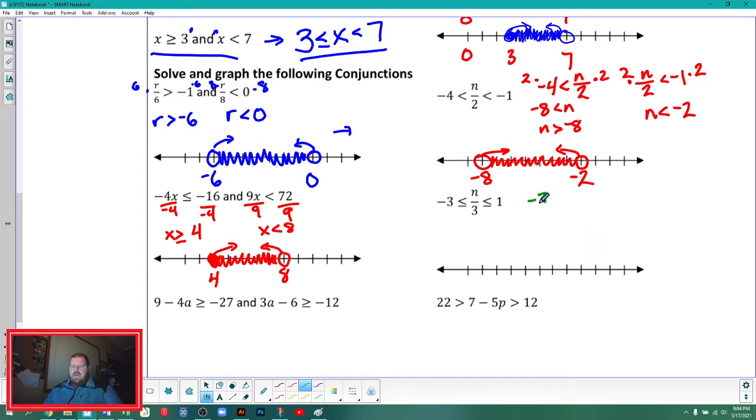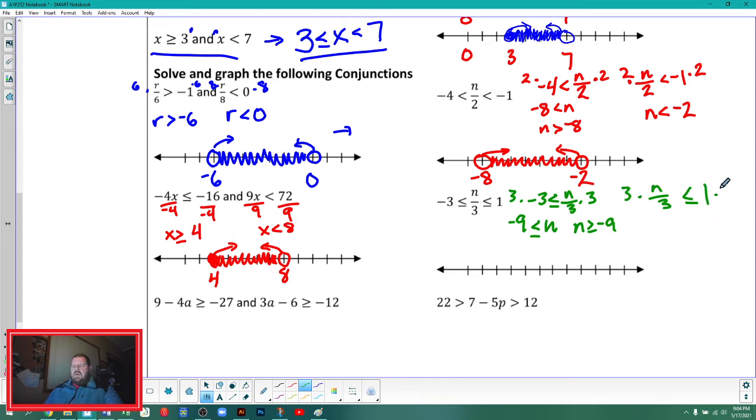This one, I've got -3 is less than or equal to n over 3. Multiply both sides by 3, and I get -9 is less than or equal to n, which again, I may want to write as n is greater than or equal to -9. On the other hand, I've got n over 3 is less than or equal to 1.